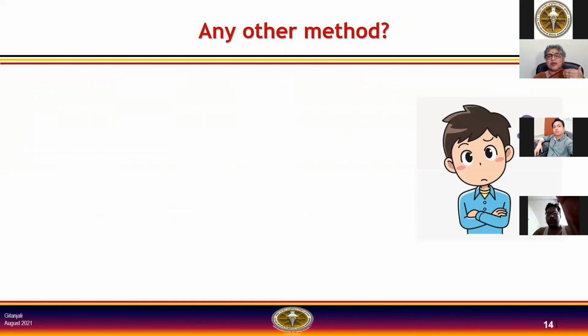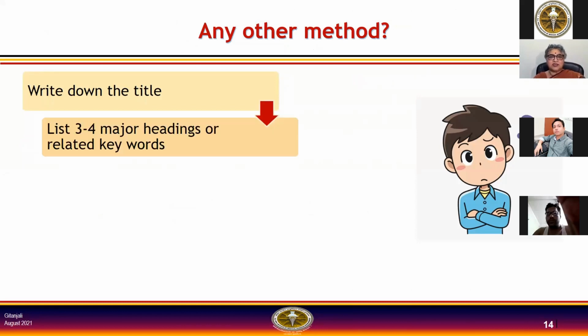Now, you might ask me, is there any other method? There is one other method, and this is the method which I use actually, and I generally tell my residents to follow this method. First, I ask them to write down the title. So whichever is your thesis, you ask them to write down the title of the thesis. From the thesis, I ask them to write 3 or 4 major headings or related keywords.